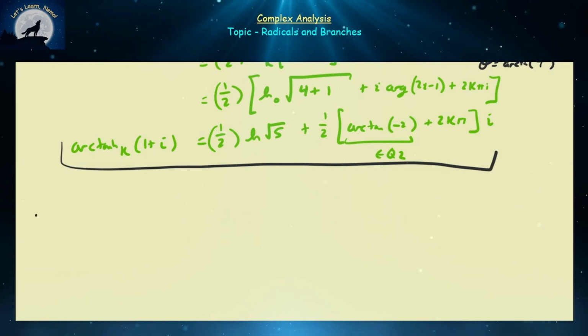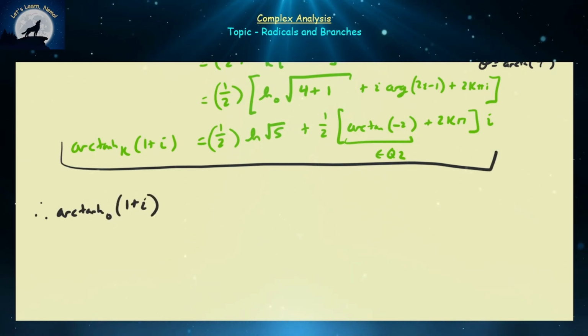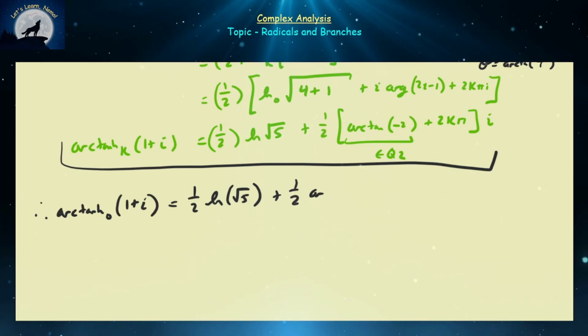So the principal branch of the inverse hyperbolic tangent of 1 plus i will be equal to 1/2 times the natural log of the square root of 5, plus 1/2 times the arctangent of minus 2, times i.